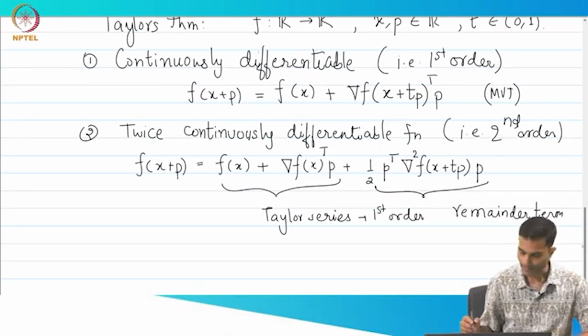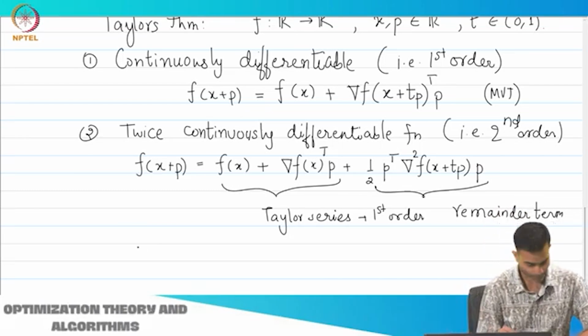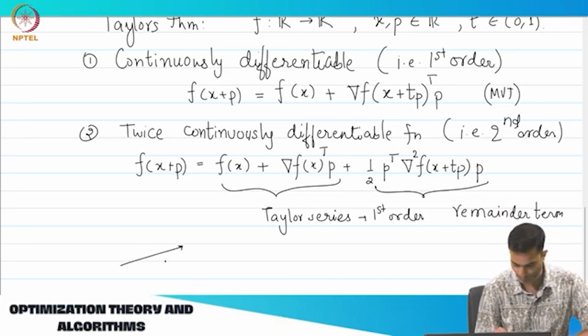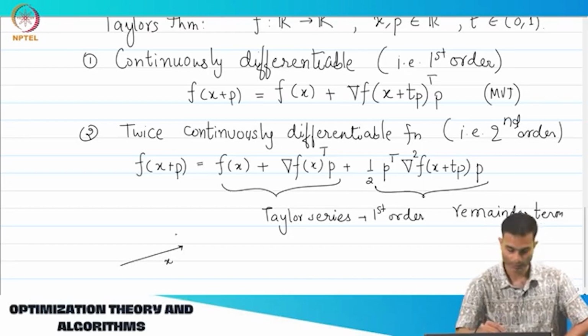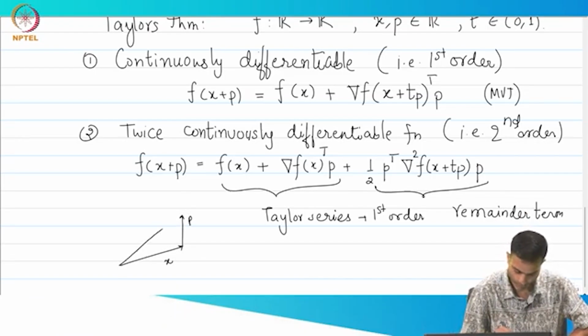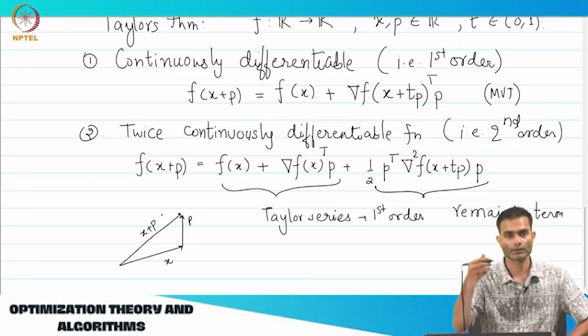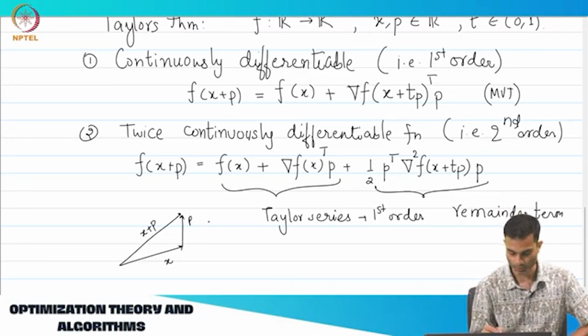Right, and you're familiar with the geometry. I drew this last time, but I'll draw it once again. This is my point x, this is, let us say, my vector p. So this vector addition gives me the point x plus p. Now t is a scalar going from 0 to 1. So as t goes from 0 to 1, x plus tp is here.